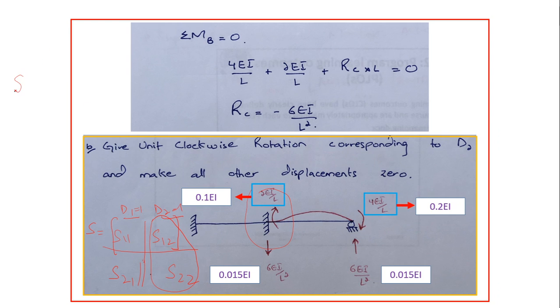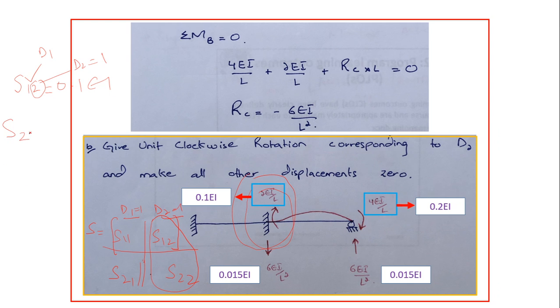So here S12 would be equal to 0.1 EI. And S12, what does S12 signify? S12 signifies D1 due to D2 equal to 1.